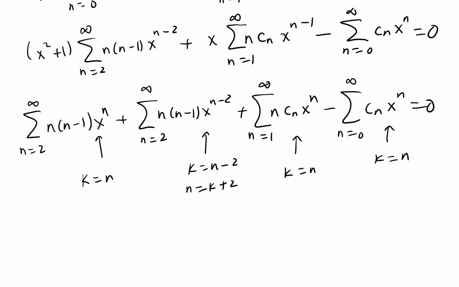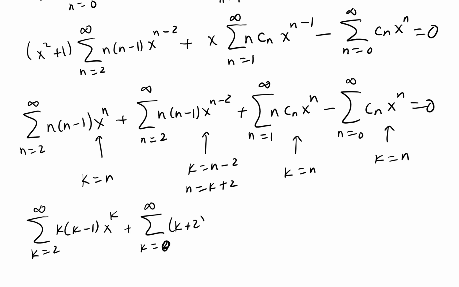And now we need to change everything. The sum from k equals 2 to infinity of k(k minus 1) x to the k. For the second one, if n is 2, k equals 0, so it goes from k equals 0 to infinity, and instead of n we put k plus 2, then k plus 1, x to the k.